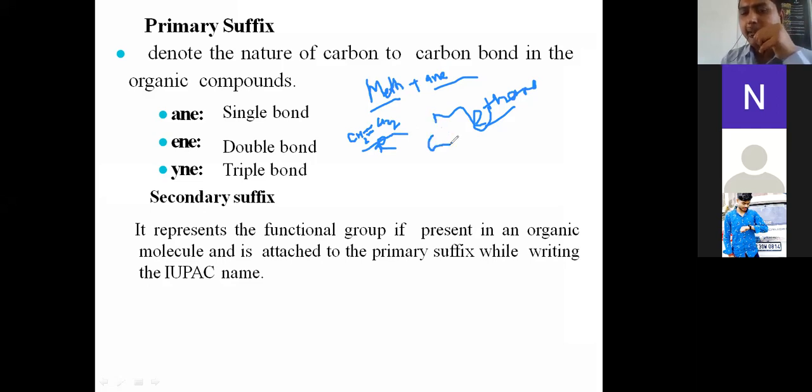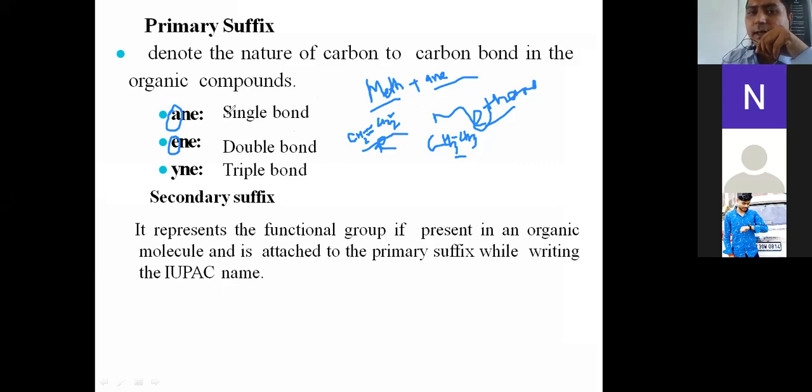Then what is this? CH3, CH3. This is ethane. And this is ethene. Ethene has a double bond. Ane is for single bond, and ene is for the double bond. So this is the ethene.